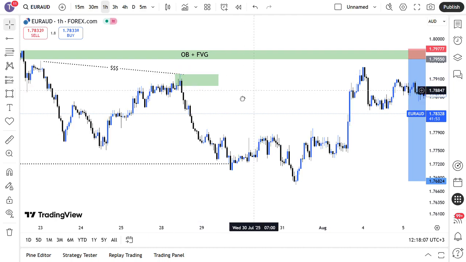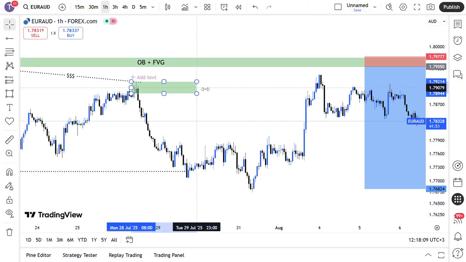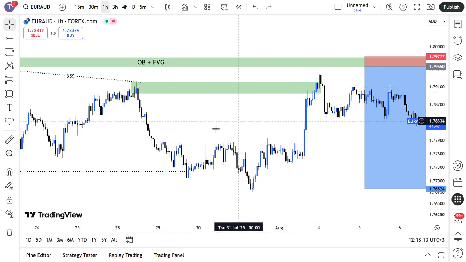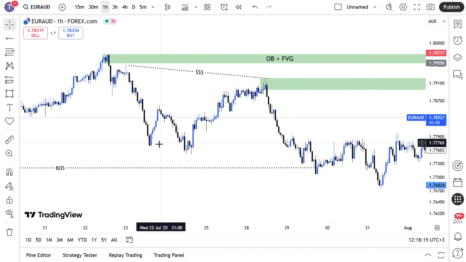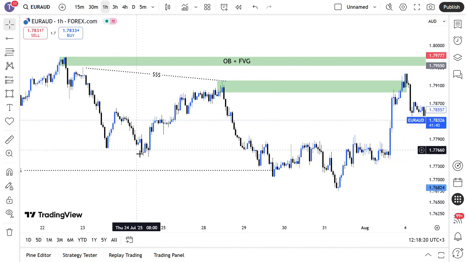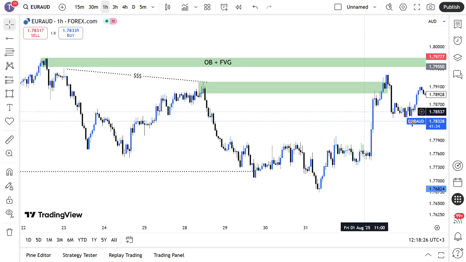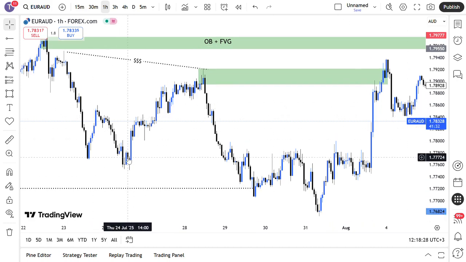And that is when you find that some people say that their analysis is not working. So here you have this break of structure, but no sweep of liquidity. And then later the market came back up to break this structure. So for beginner traders, they will be looking for buys from this order block.